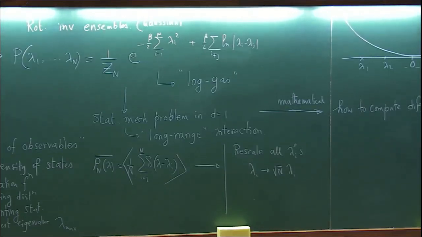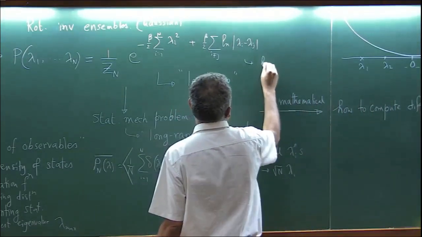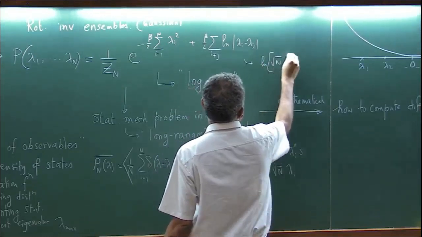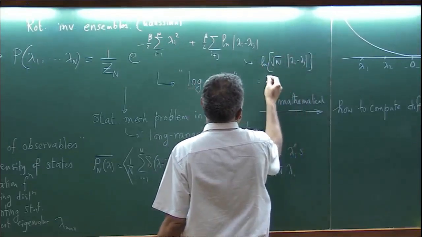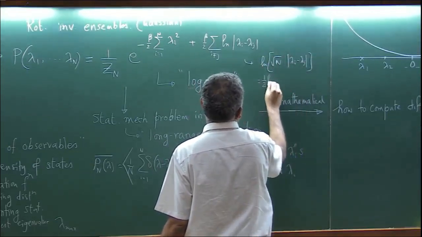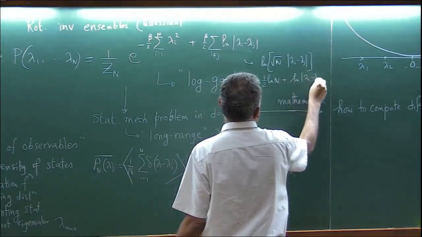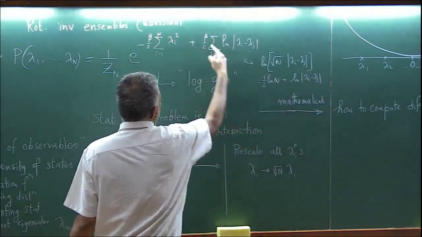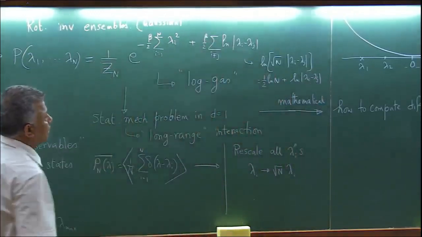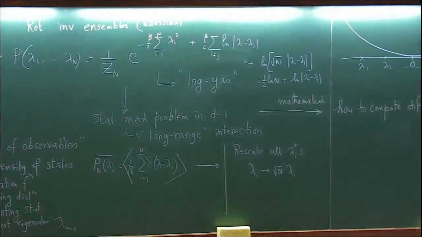When you rescale the interaction term, this will be square root of n times lambda I minus lambda j, so an overall half log n goes out. But this is just a constant which you can absorb in the normalization constant, so effectively this term remains the same.